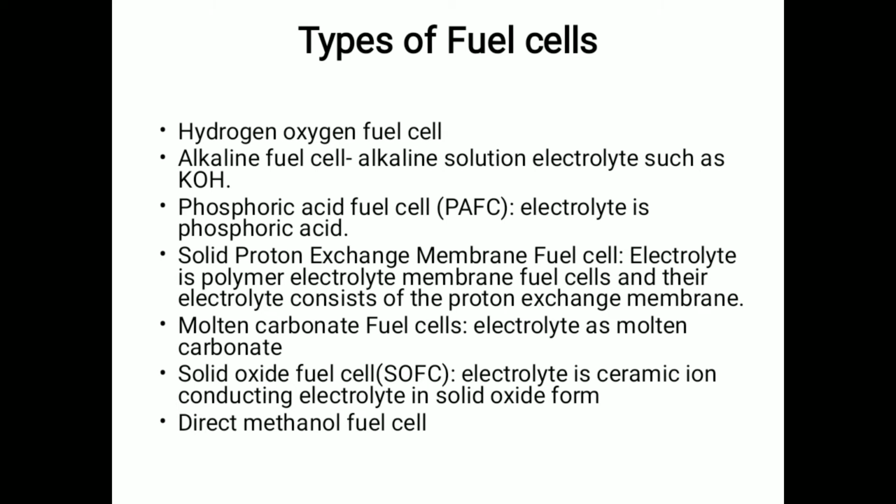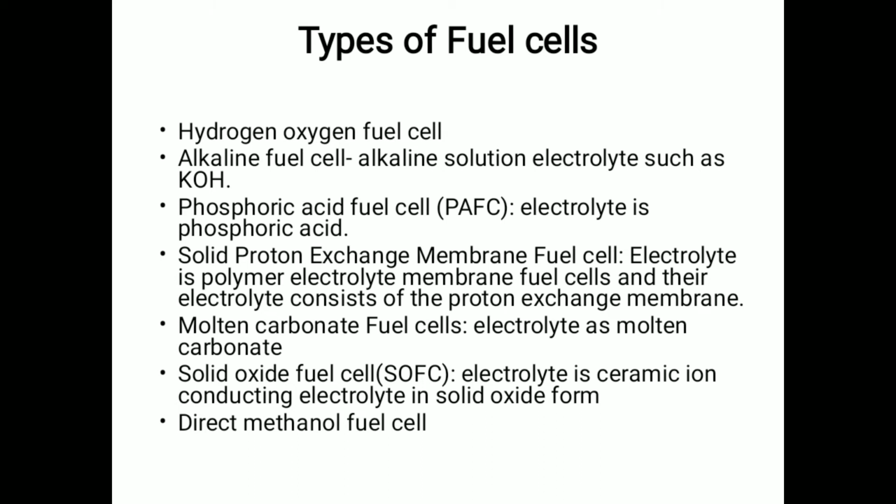For example, in the molten carbonate fuel cell we use molten carbonate as electrolyte. According to the electrolyte we are using, the name of the fuel cell is different. In the solid oxide fuel cell, the electrolyte is a ceramic ion conducting electrolyte in solid oxide form. Another fuel cell is the direct methanol fuel cell.